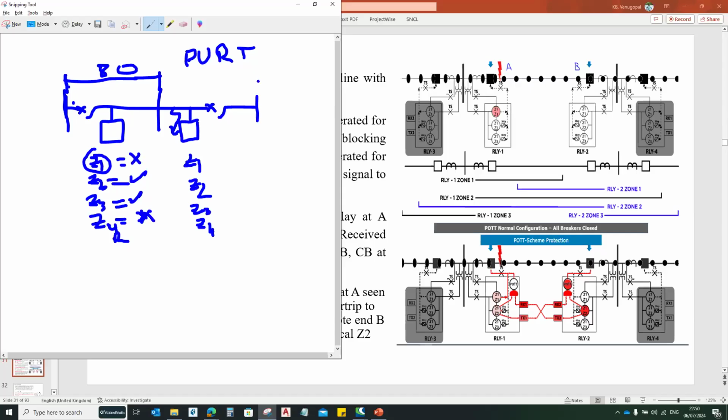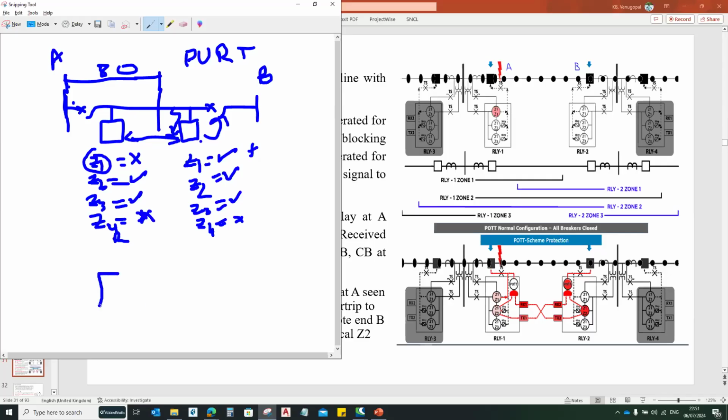But from this end, if you consider the B end and this is your A end, at the B end zone 1 will start, as well as zone 2 and zone 3, while zone 4 will not start. As we have communication between these two relays, at the local end, as zone 1 is operated, it gives an instantaneous trip to the circuit breaker, and similarly the zone 1 signal is sent to the remote end, that is the A end.